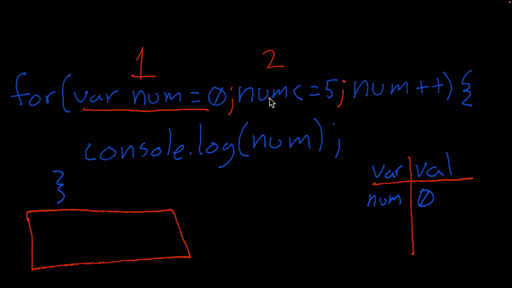Okay, left, right, then num, if it's less than or equal to 5, then if this is true, enter. Okay, and by enter, I mean enter this section, the do something section.